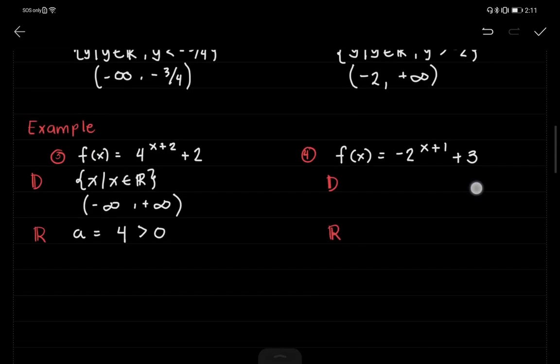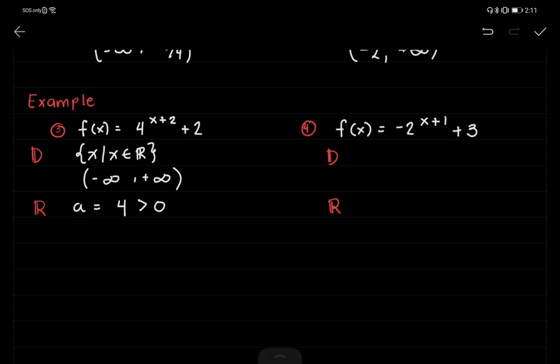So here, we can express it as y such that y is an element of all real numbers where the value of our y is greater than 2. Okay? So saan natin nakuha yung 2? Ito yung horizontal asymptote.